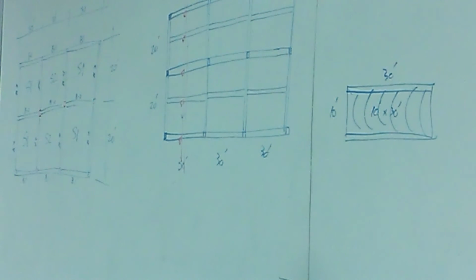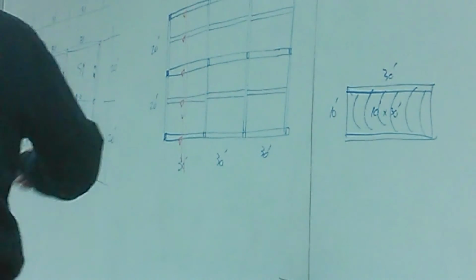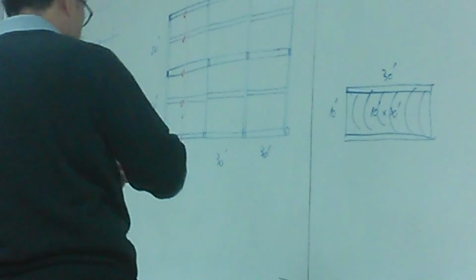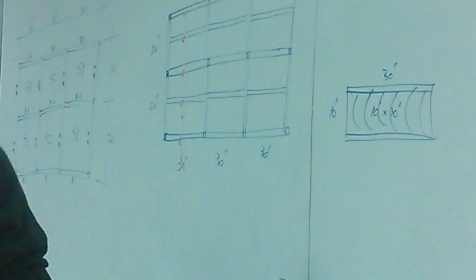It's like putting these 4 tables together, and each joint that it forms is a support. So you have 4 continuous slabs connected into one piece. Whether it's near this edge, in the middle, or near the right edge, we have the same thing. So if you take that out, you're going to get a structure that looks like this.